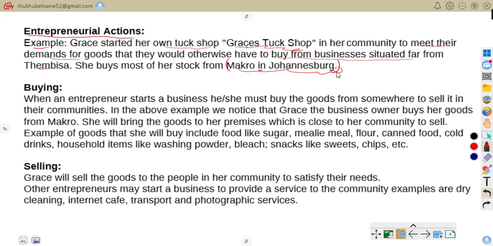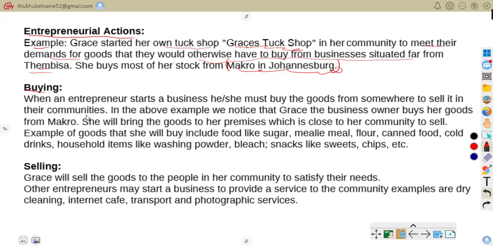So in her community, to meet their demands for goods that they would otherwise have to buy from businesses situated far from Tembisa. If it was not because of Grace, they were going to buy far from Tembisa. So Grace brought those goods closer to customers. That's how she met the demand for those goods.